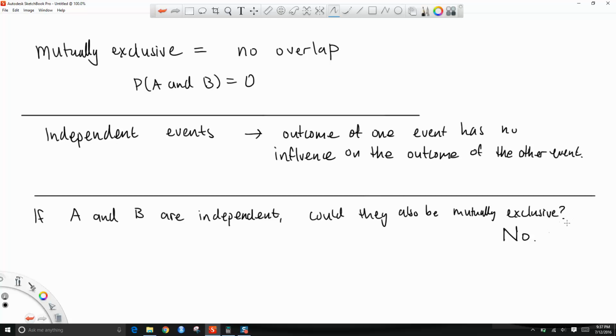Because if two things are mutually exclusive, as soon as B happens, the probability of A becomes 0. So what is the probability of A given B if A and B are mutually exclusive?